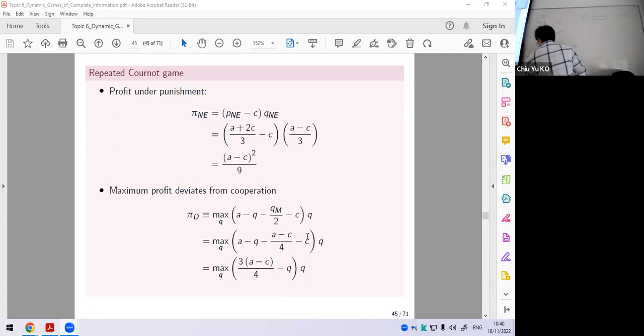You can think of this as the prisoner's dilemma here, CC.